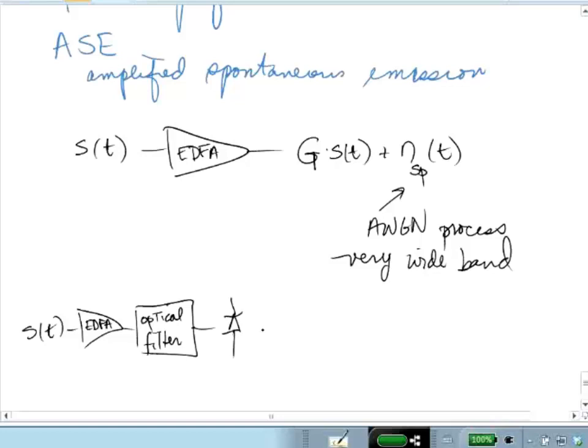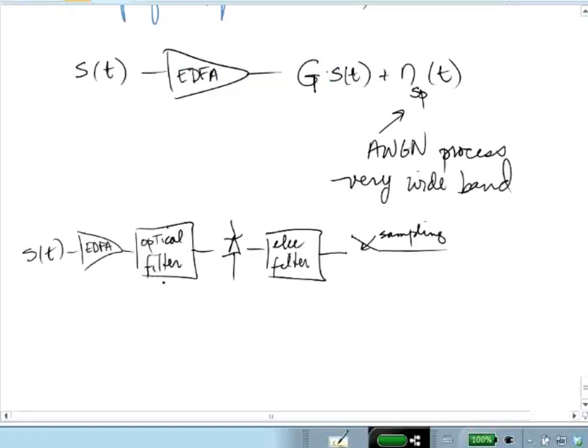Then we'll go through the photodetection, and of course the photodetector also adds wideband noise, and so we're putting here an electrical filter in order to limit the effects of the electrical noises introduced by the optoelectric conversion. So the optical filter has wide enough bandwidth to pass the signal without distorting it, but narrow enough to limit the noise as much as possible. And the same thing is true of the electrical filter.